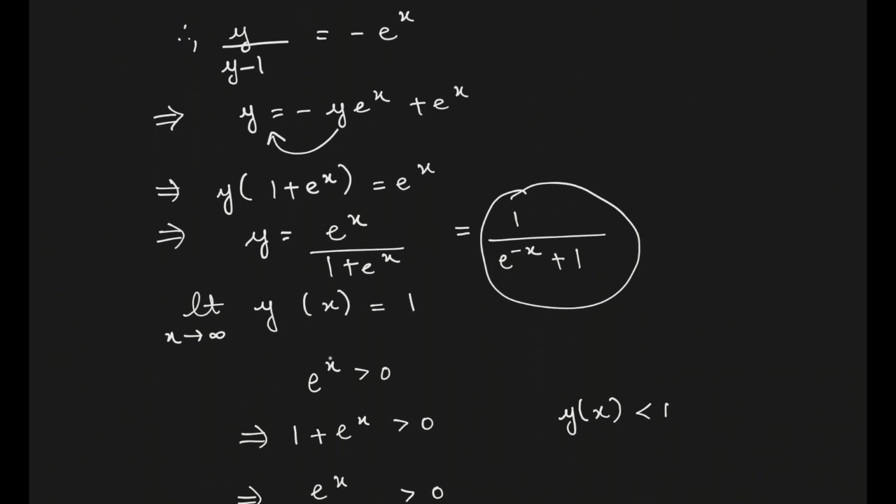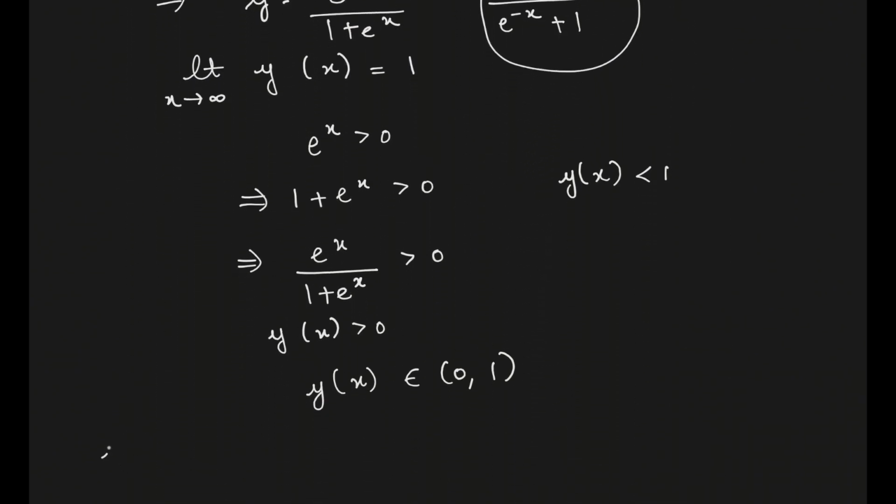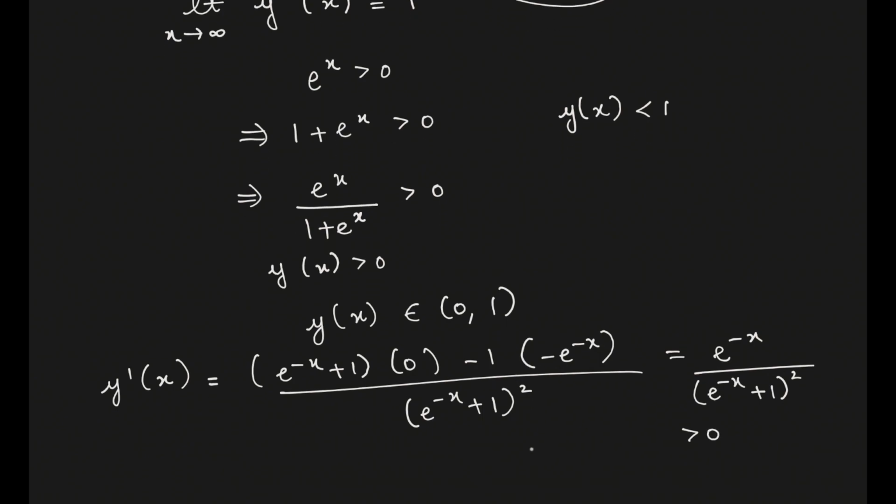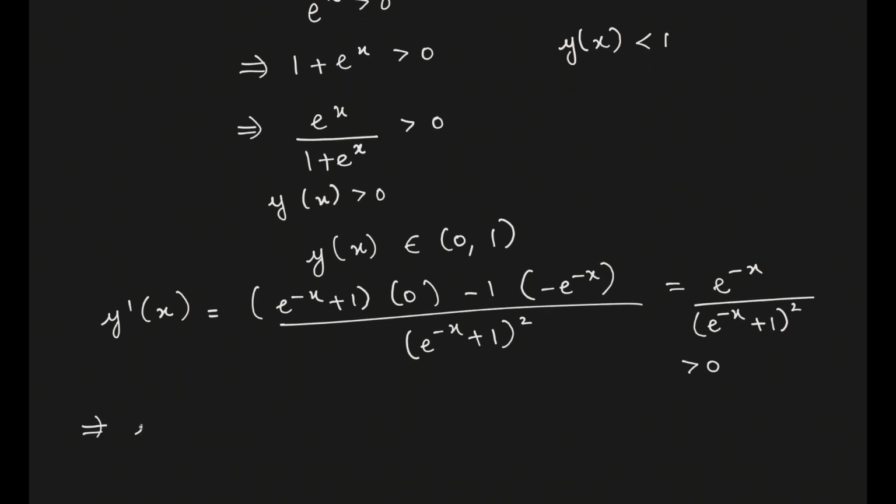Correct? Also, I can find y dash x. It can be simply found. So it will be (e to the power minus x plus 1) into 0 minus 1 minus e to the power minus x, upon (e to the power minus x plus 1) square. So this is e to the power minus x upon (e to the power minus x plus 1) square. It will be greater than 0. So from here, y(x) is increasing also.